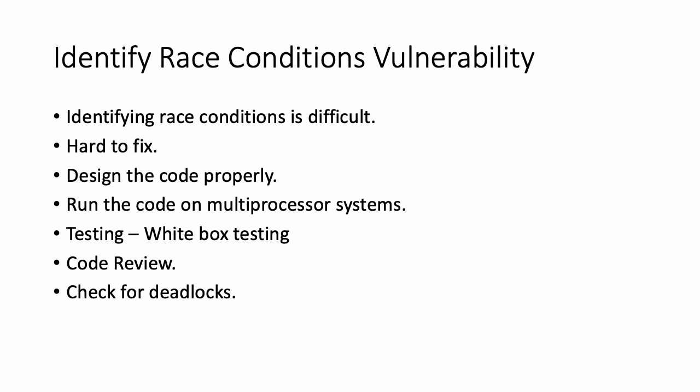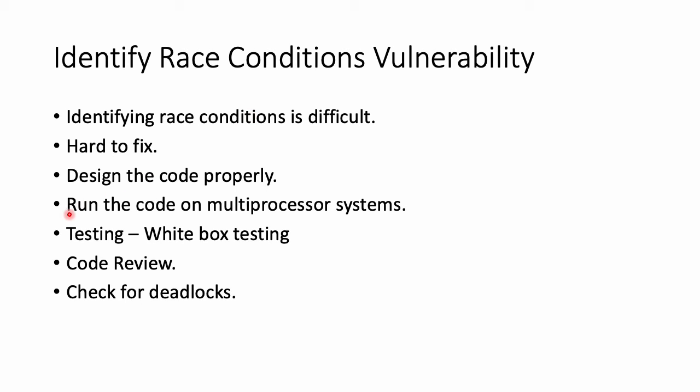Race conditions are very hard to detect, especially if you are not looking for them, and they are difficult to fix even if we know and are aware of their existence, and they are difficult to find through testing as well. These race conditions are a semantic problem that can arise from many possible flaws in the code. So it is best to design the code in a way that prevents these problems from the start.